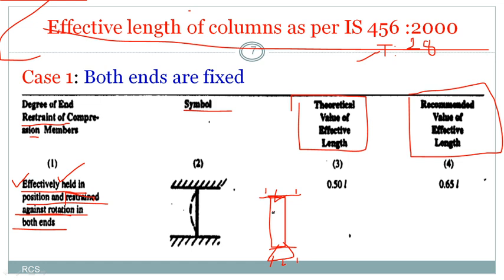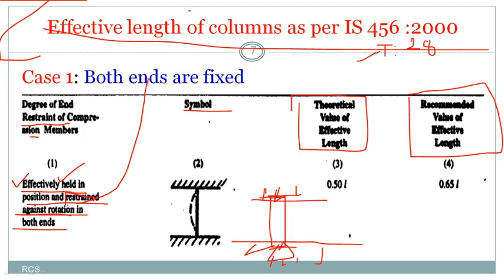If you take the hinged condition, there is a chance of rotating clockwise or anti-clockwise. So here we have resistance to this rotation. That means this column is connected with two fixed supports at its ends. That is why this condition, effectively held in position and restrained against rotation at both ends, is nothing but both ends of the column being fixed.